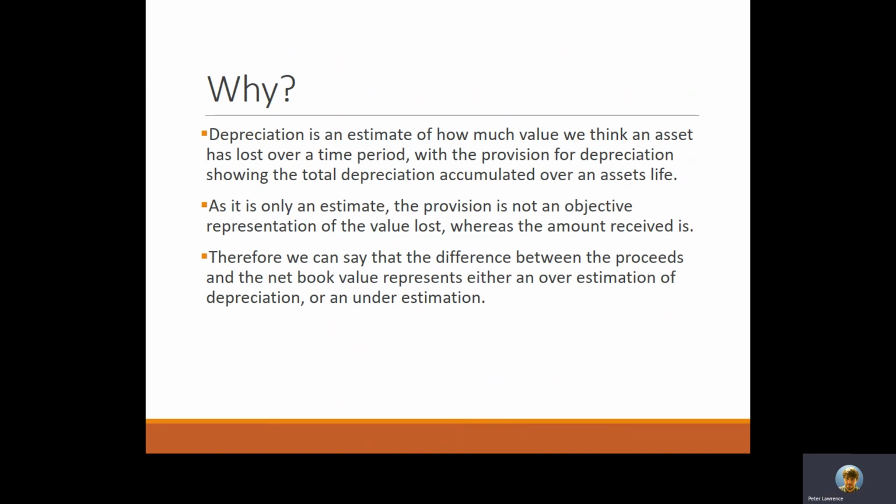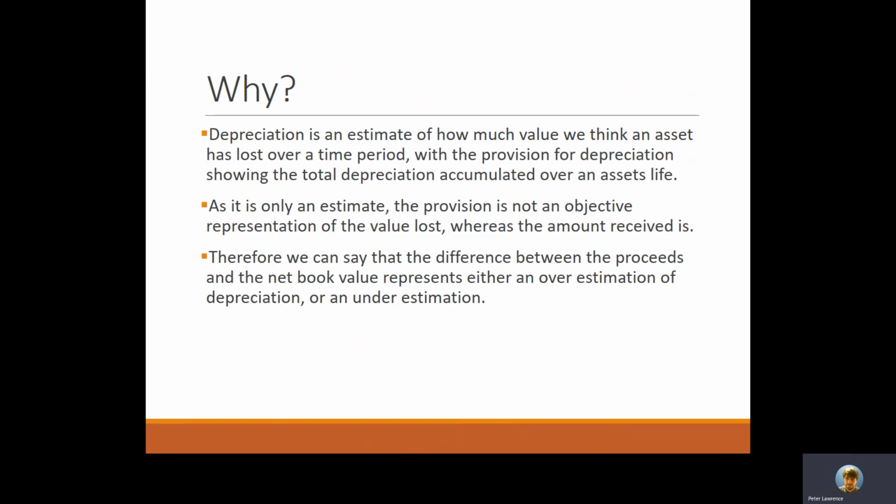That can lead to a point where we're out of line with what the asset is truly worth, what we could sell it for. So when we actually sell the asset, we've got an objective value of how much the asset is worth at that point, whereas the net book value may be very different to that amount.